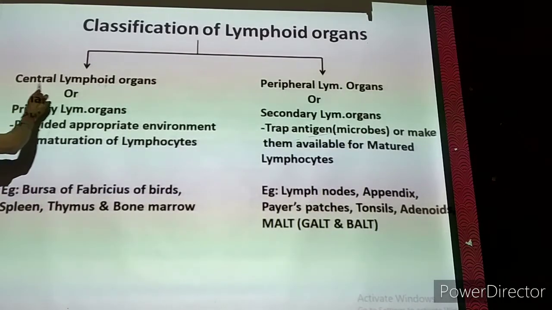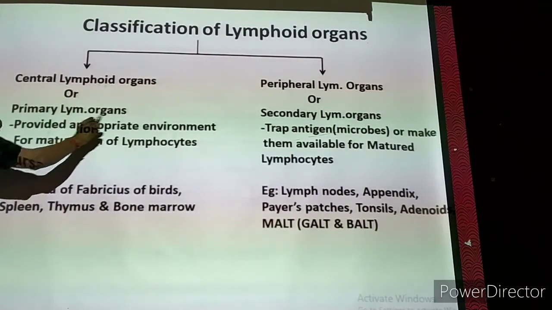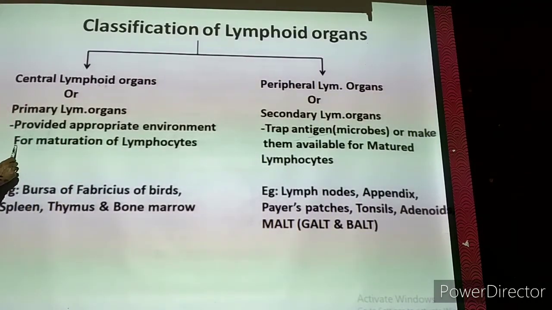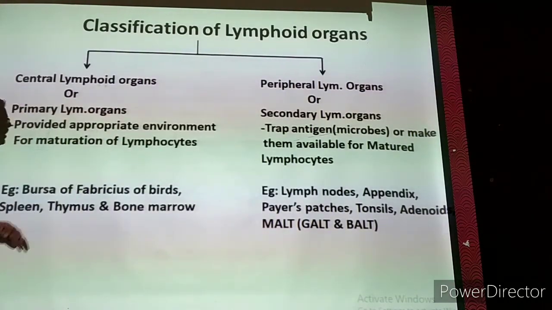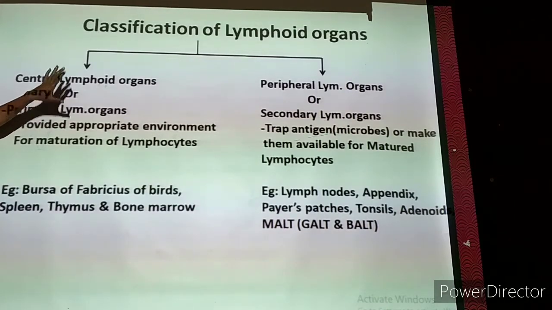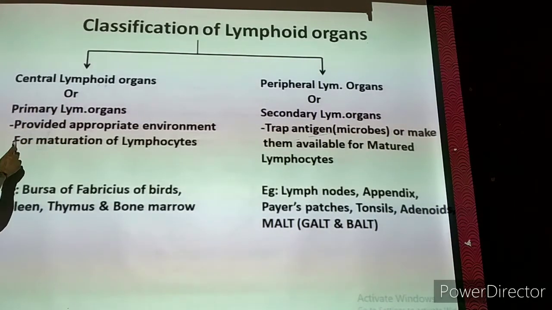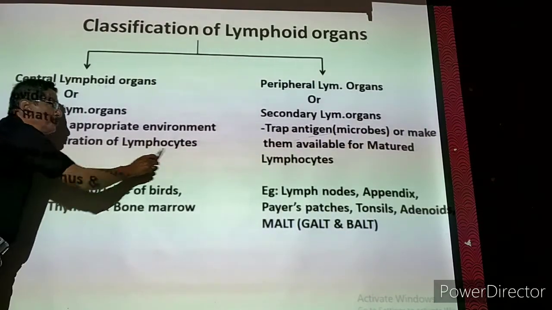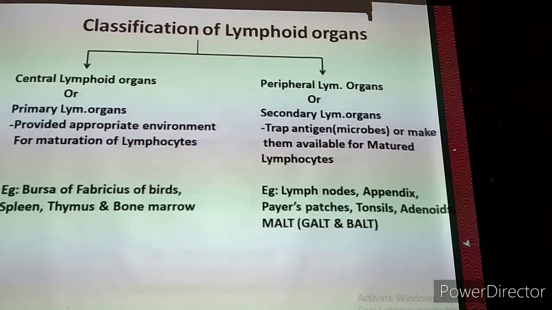Now first I will take central lymphoid organs or primary lymphoid organs. They provide an appropriate environment for maturation of lymphocytes. That means the primary organs are very, very important for the maturation of lymphocytes. Just before we have studied, lymphocytes are one type of WBC.